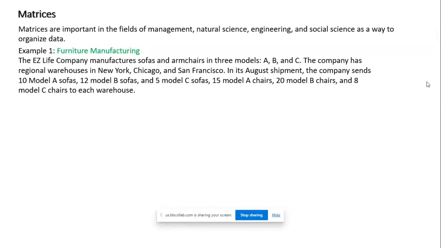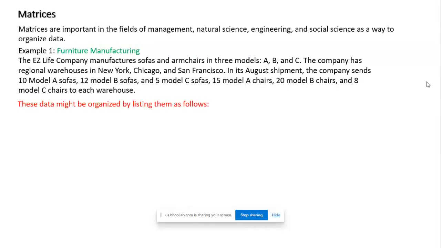In August, the shipments the company sent out were 10 model A sofas, 12 model B sofas, 5 model C sofas, 15 model A chairs, 20 model B chairs, and 8 model C chairs, for each warehouse respectively.